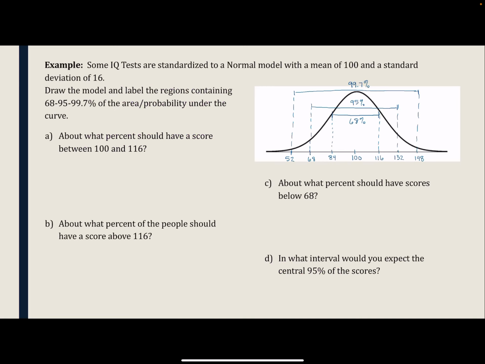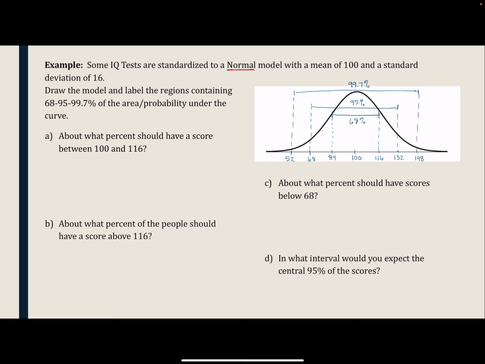Let's look at an example of this. It says some IQ tests are standardized to a normal model with a mean of 100 and a standard deviation of 16. So first, I drew the model, and then we're going to answer these questions. So again, if I've got a normal model, and I'm sorry I'm dropping this word, I'm so used to using it, but again, we'll talk more about that in Chapter 7.